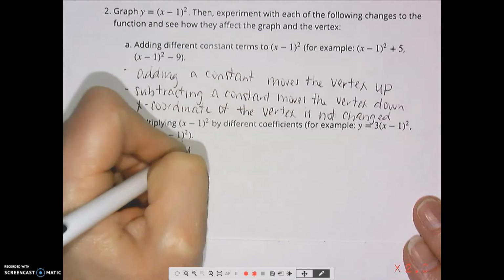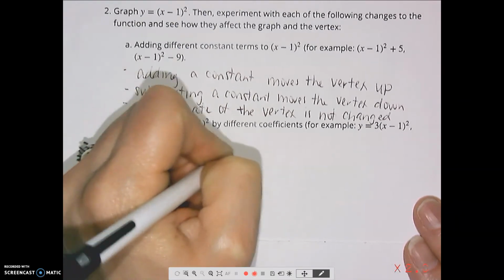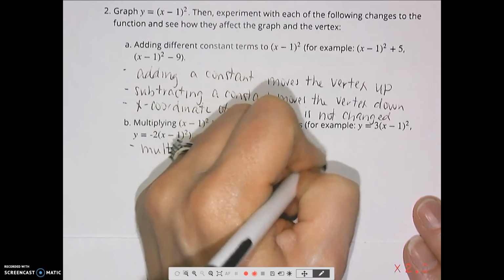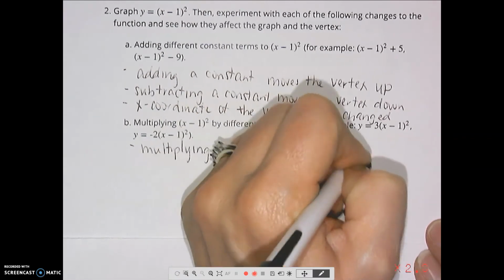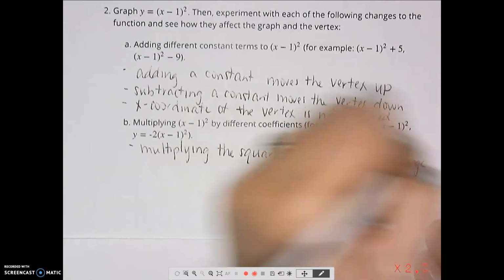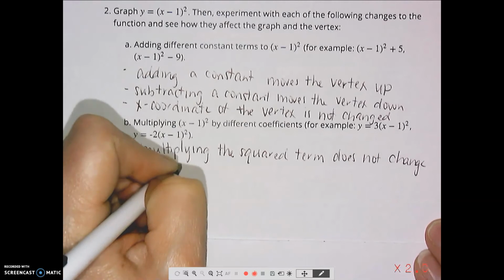Okay, so let's see. Multiplying the squared term does not change the vertex.